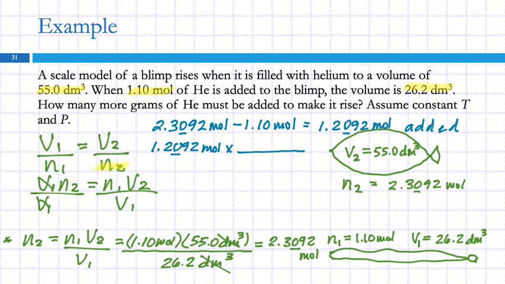Be careful with the units. Yesterday when I did this problem, I did it wrong. I caught it because the units showed me I was doing it wrong, but we want moles on the bottom, and we want grams on the top, because that's what we're trying to get to. Going from moles to grams. Then we go to the periodic table, and we see that helium has a molar mass of 4.003, and our moles are going to cancel out.